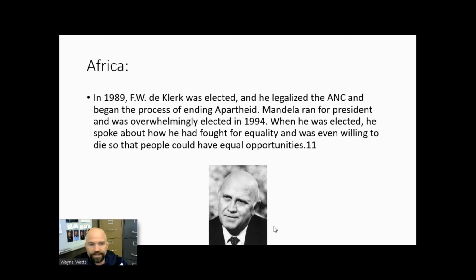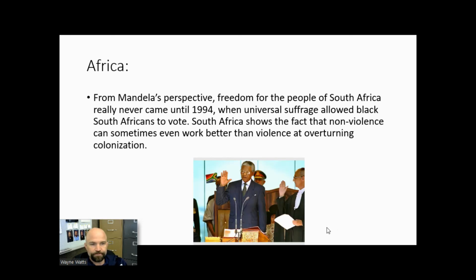In 1989, F.W. de Klerk was elected, this guy right here, and he legalized the ANC and began the process of ending apartheid. Mandela ran for president and was overwhelmingly elected in 1994. And when he was elected, he spoke about how he had fought for equality and was even willing to die so that people could have equal opportunities.